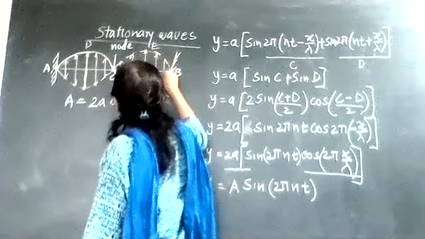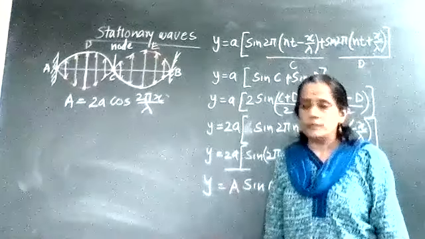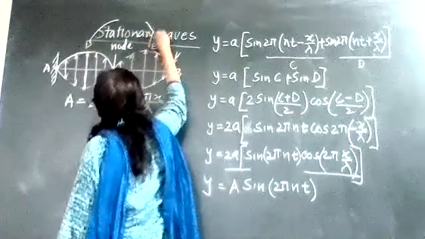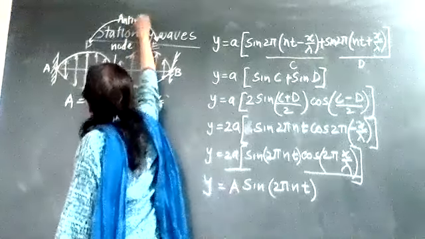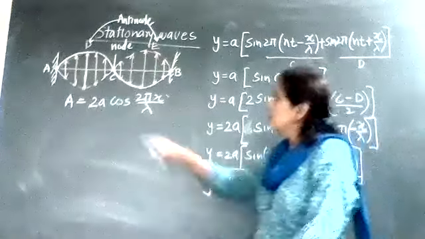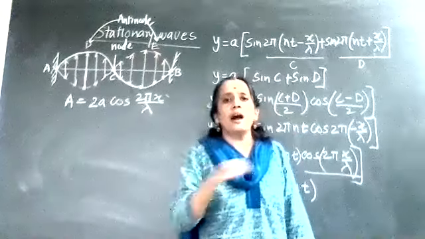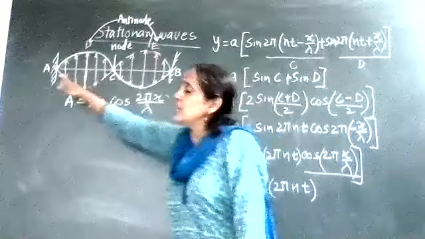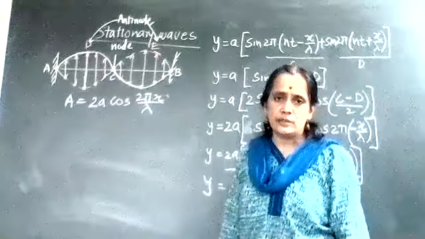So at these D and E points, I am getting the maximum displacement, and those points are called antinode points. While at A, C and B, the medium particles are not in a state of vibration, they remain at the rest position, so these 3 points are called nodes.